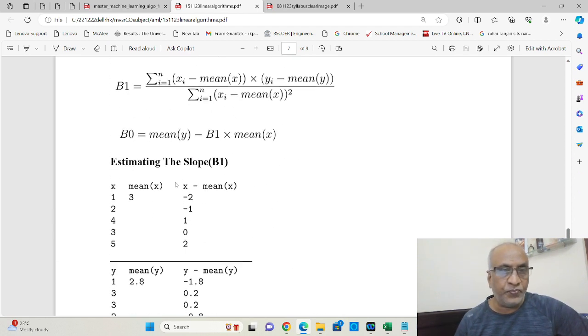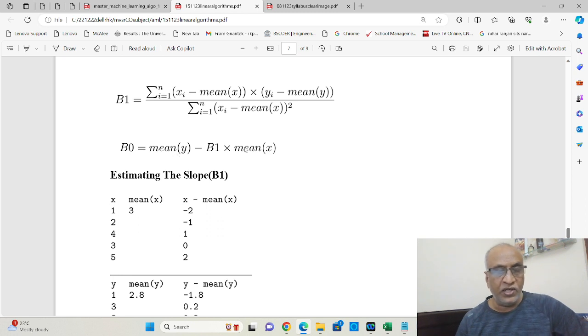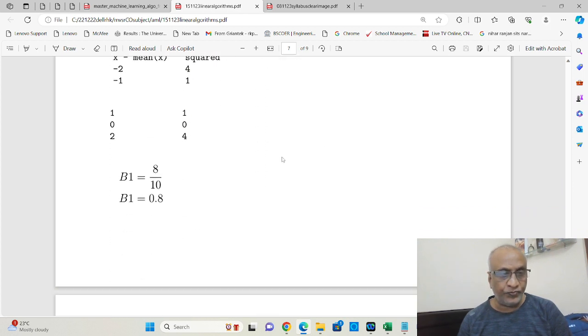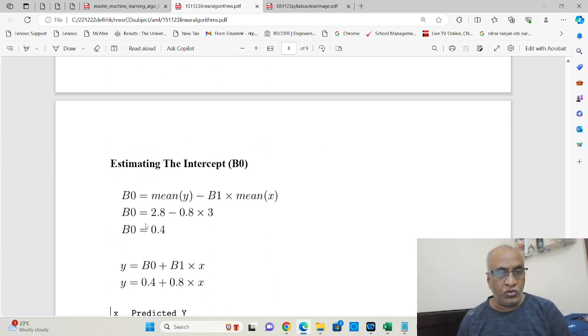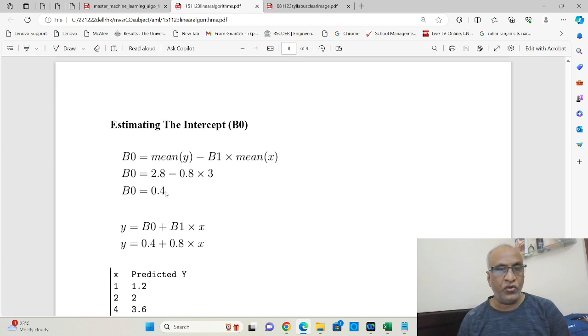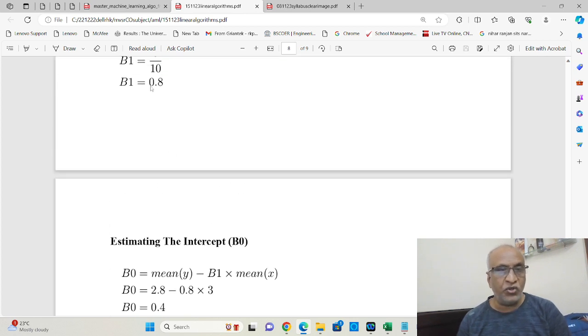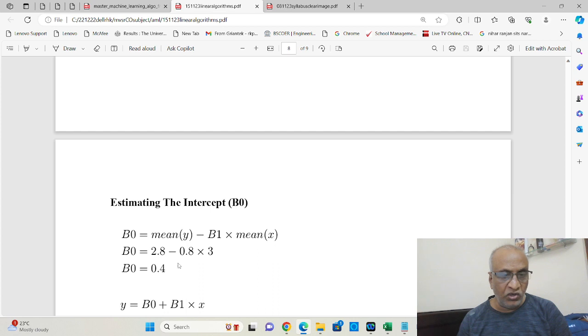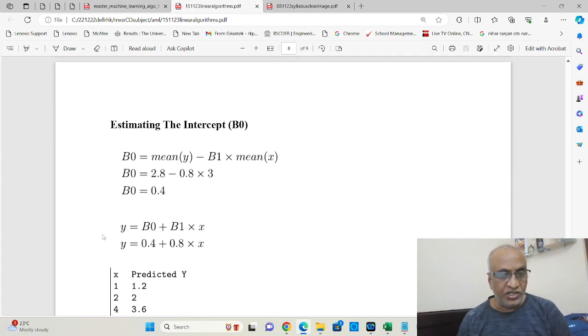Once we know b1, we can calculate b0 by using this formula, mean of y minus b1 times mean of x. So that comes to 0.4. So we have b1 value as 0.8, b0 value as 0.4. Now this relationship can be indicated as y is equal to b0 plus b1 into x.